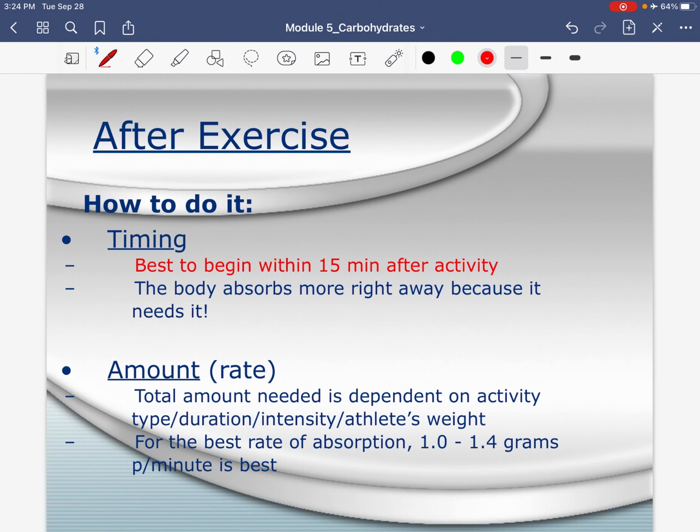It's best to begin pretty shortly after the exercise has finished. Oftentimes half an hour is a good window, so 15 minutes might be too short for your body, but definitely within half an hour. You can see some suggestions for how many grams of carbohydrates to bring in per minute. I'm not going to ask you those numbers because it really depends.